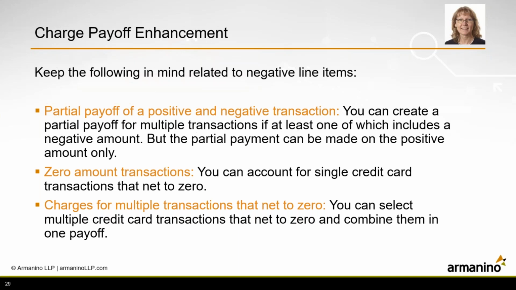We talked about that. So it can net to zero and that's okay. And you can select multiple credit card transactions that net to zero and combine them in one payoff. So some nice cleanup things that they did here with the charge payoffs. If you weren't using it because you were kind of struggling, you have a lot of $0 transactions or net zero, it might be a good time to start thinking about using it again because it definitely is some good information.